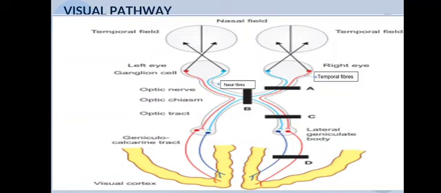Likewise, the light from the nasal field of the eye forms the temporal fibers, the red fibers, which are the uncrossed fibers. These also form the optic nerve, optic chiasma and optic tract, and reach the lateral geniculate body, which is the third order neuron, and finally form the optic radiation and visual cortex.